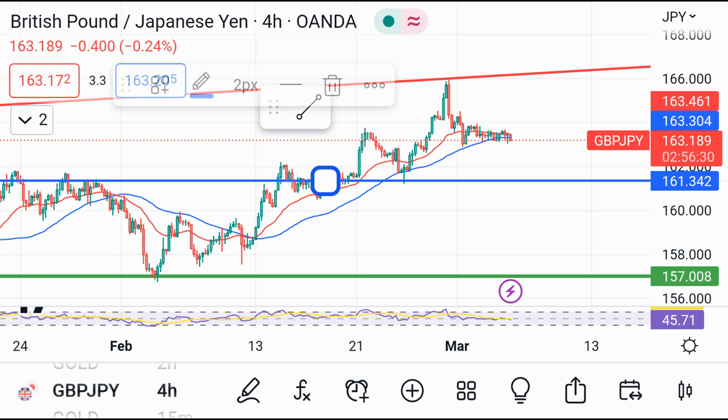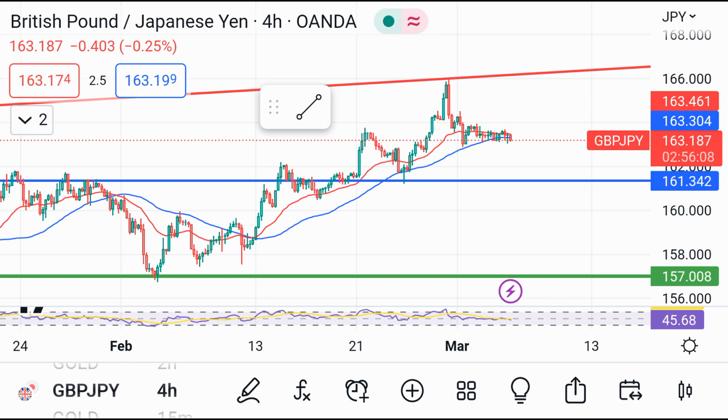So let me analyze the market for you. What I usually consider before taking my trade is I always keep my trading very simple. I don't complicate things.